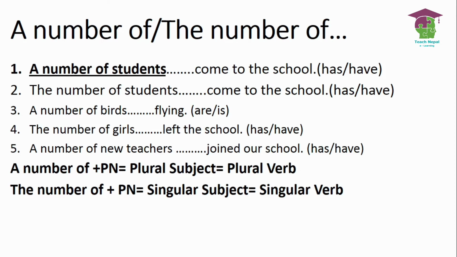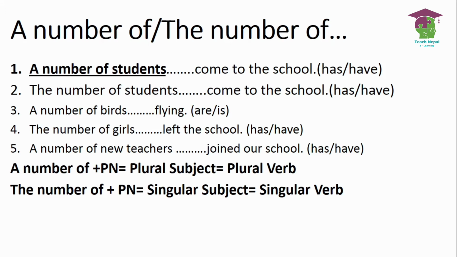So here "a number of" सँग plural noun आउँदा plural subject भयो. "The number of" सँग आउँदा it limits the number, so it's what you call a singular subject. Okay, so a number of सँग हामीले plural verb use गर्ने, the number of सँग चाहिँ हामीले singular verb use गर्ने. It means a number of students have come, the number of students has come.